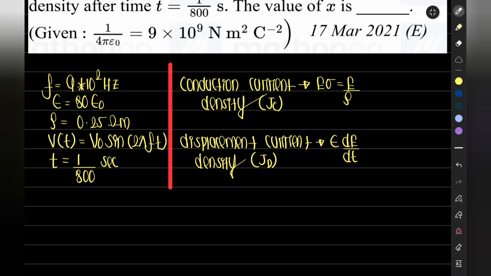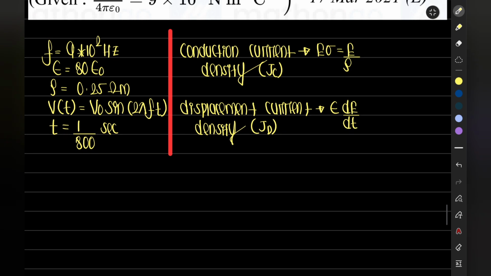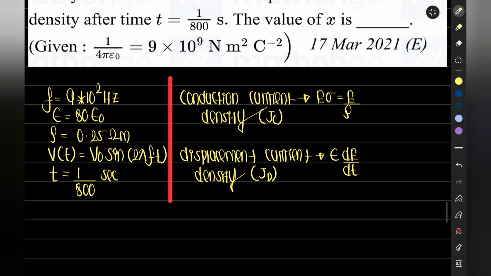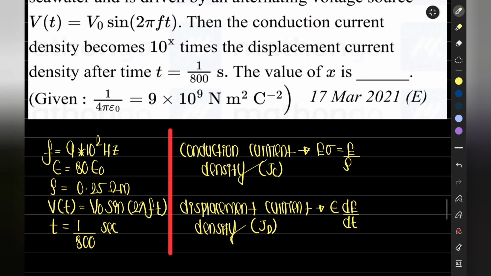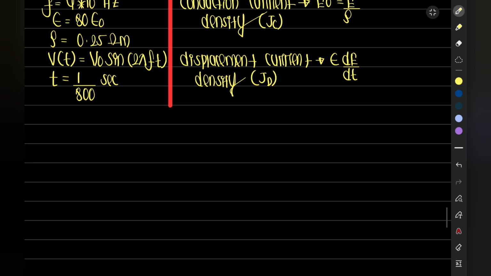Okay, now let's try to find the answers to our question. The first thing I'm going to find is the conduction current density. Second, I will find the displacement current density. Then I will take the ratio and match it with the condition given in the question. Okay, let's find the value of JC.